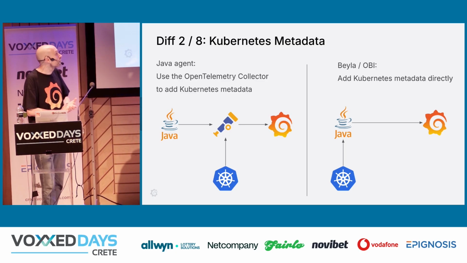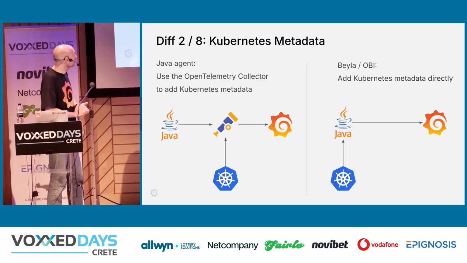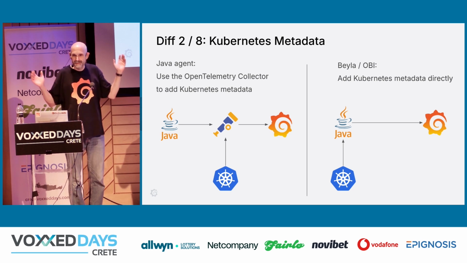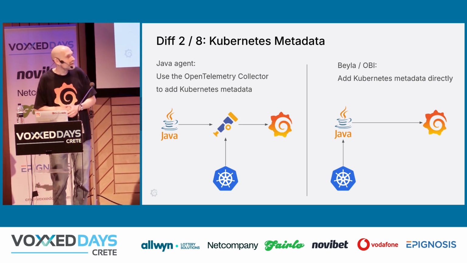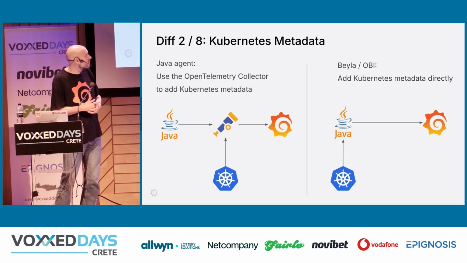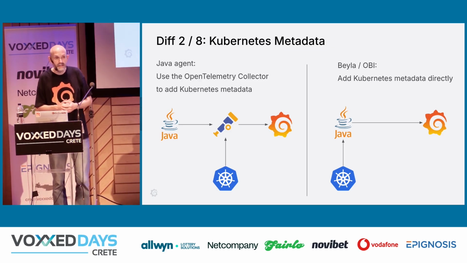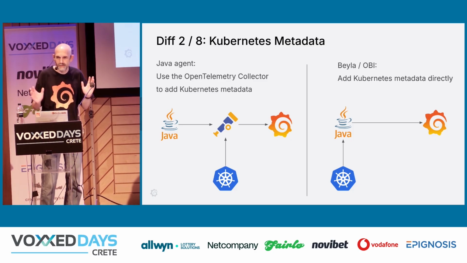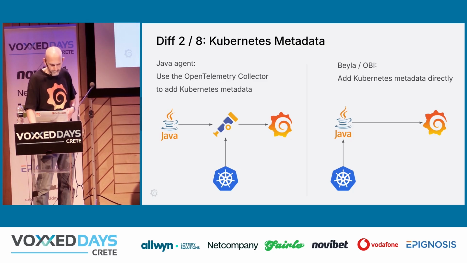Because in my demo I didn't set up an OpenTelemetry collector, I just push metrics directly to the backend, the metadata is missing, right? With Beyla, this does not happen. Beyla has support for Kubernetes metadata built in, so you get the full package out of the box, right? So you don't need to enrich anything.